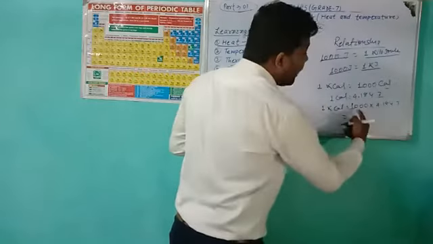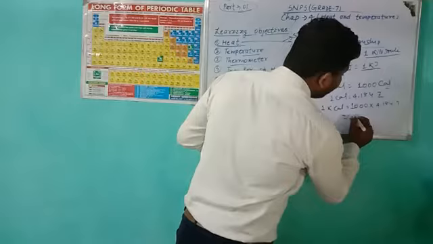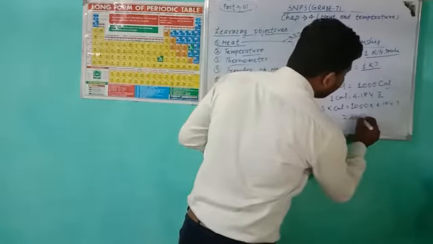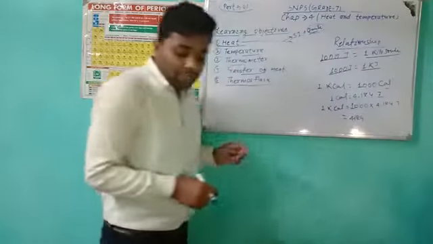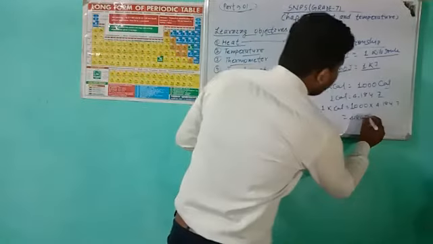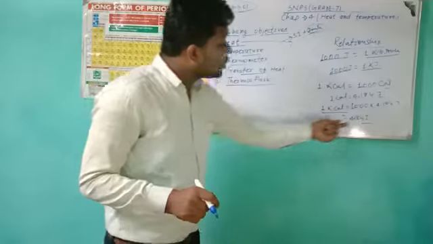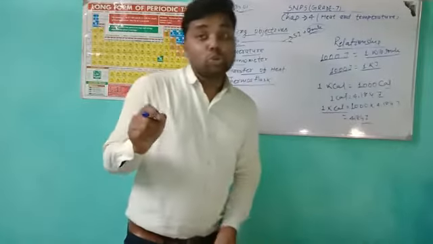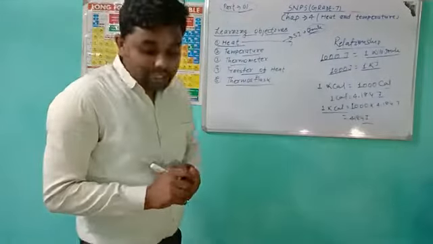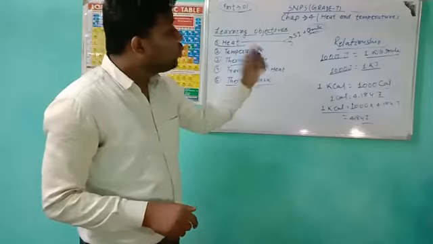If we multiply this quantity, we get 4184 joules. So we can say that 1 kilocalorie is equal to 4184 joules. This is some relationship of SI units.